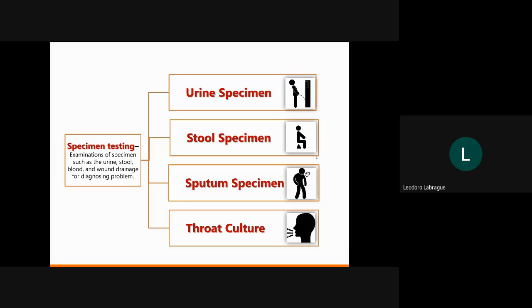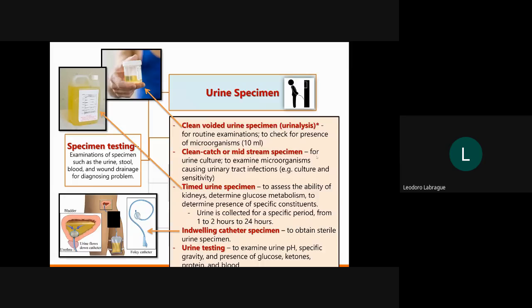Now let's move on with the urine specimen. I know you are very familiar with urine, and I know that you know what urine itself is. When a person is sick, by examining the urine, the doctor can identify the problem or the disease of the patient by just examining the content of the urine.